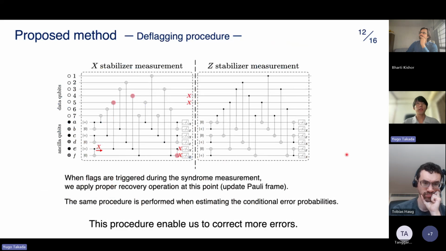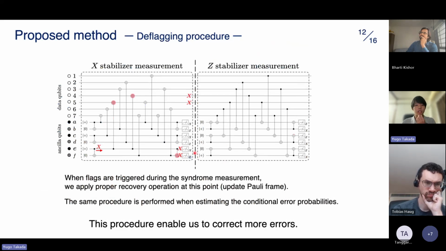In addition to the flagged weight optimization method, we also perform another procedure using flag information to further improve the performance, which is called the deflagging procedure. This is a part of the syndrome measurement circuit.